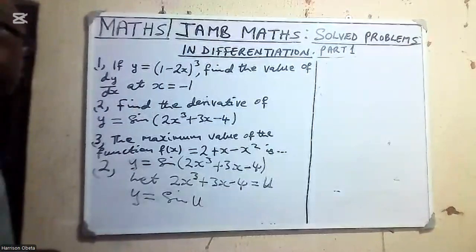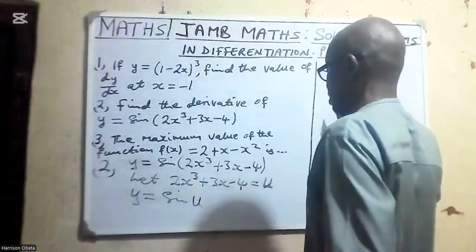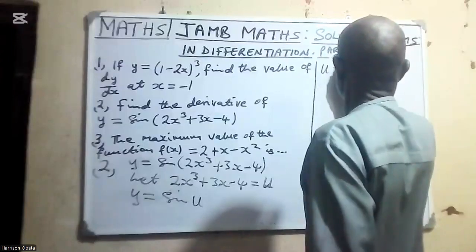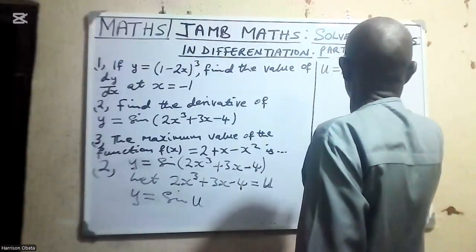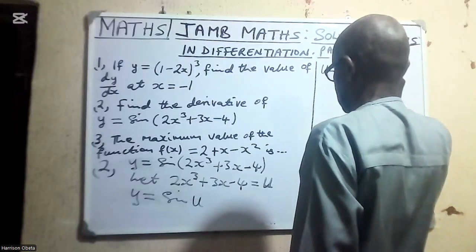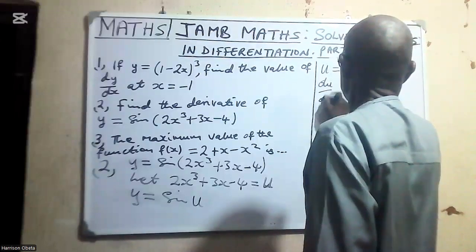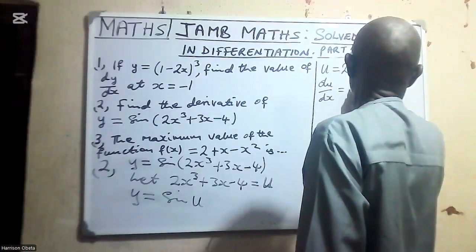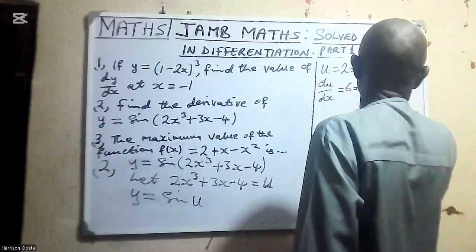And then that means we still use the function of a function method. u equal to 2x cubed plus 3x minus 4, du/dx equal to 6x squared plus 3.